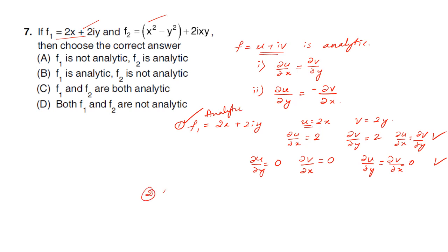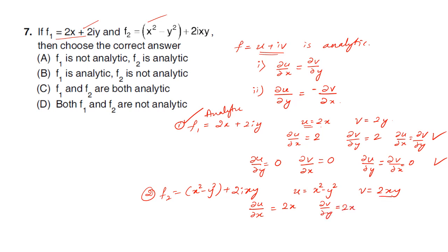Now, check it for f2. f2 is x square minus y square plus 2i xy. Here u is x square minus y square and v is 2xy. Now consider dou u by dou x. The value is 2x, then dou v by dou y is also equal to 2x.